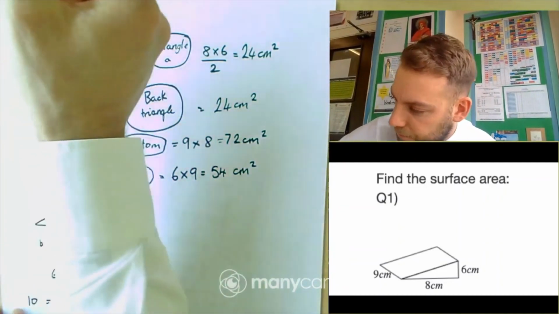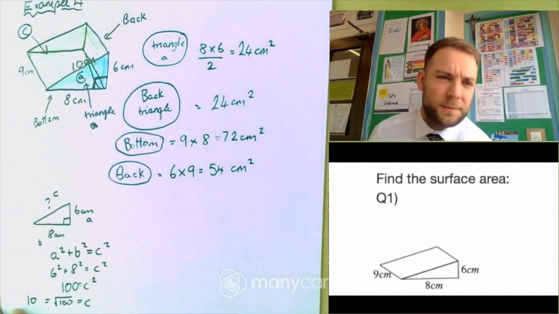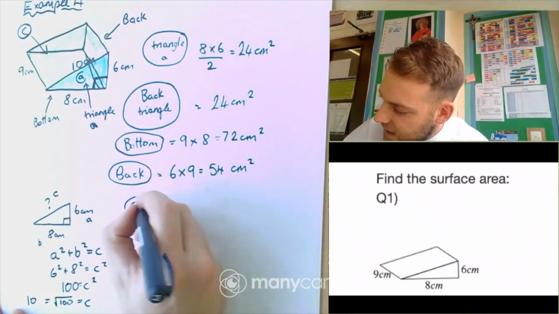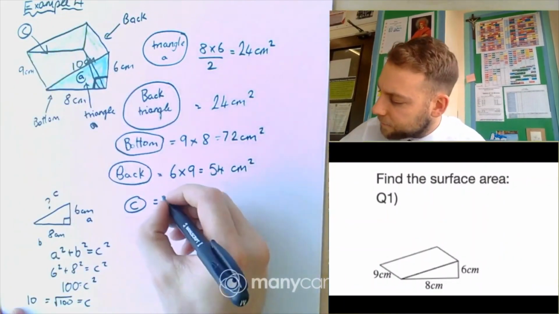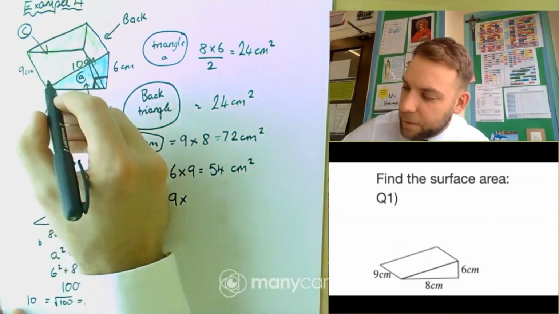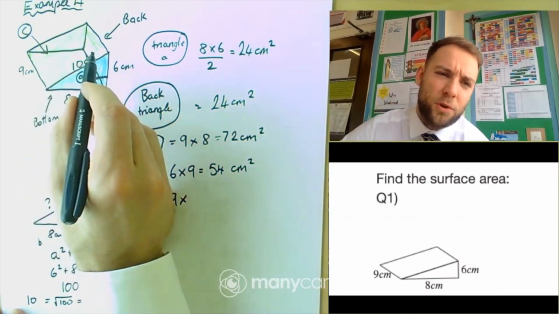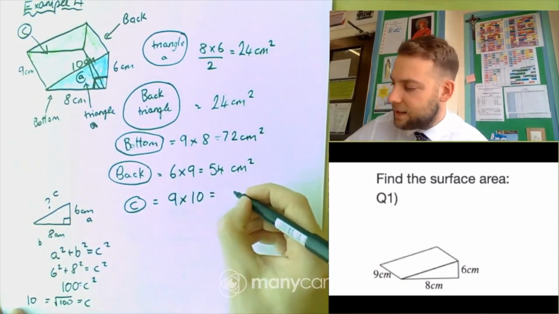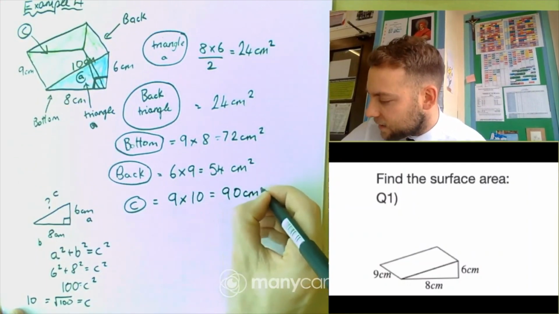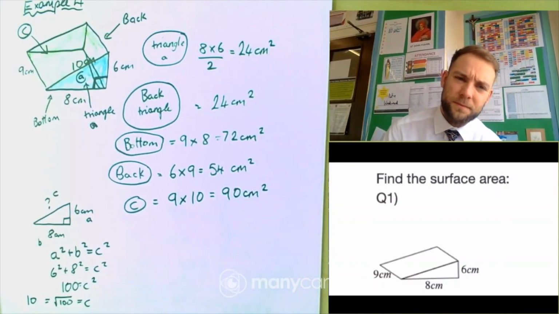Let's call this one maybe C. So C is equal to the depth, which is 9, times by this length here, which we've just worked out using Pythagoras, which is 10. So 9 times 10 is equal to 90 centimetres squared.